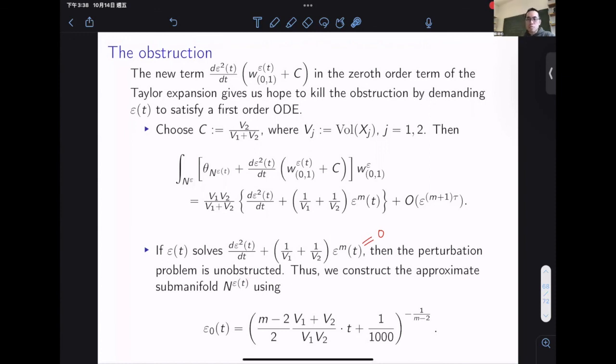So we can construct the approximate submanifold using this solution to this ODE. Then the balancing condition in this scenario is satisfied. Okay, so this is the idea why we can do the Lagrangian mean curvature flow perturbation, but we cannot do the special Lagrangian perturbation.